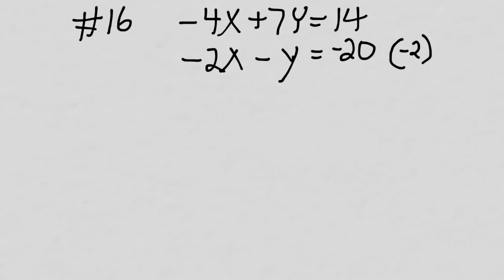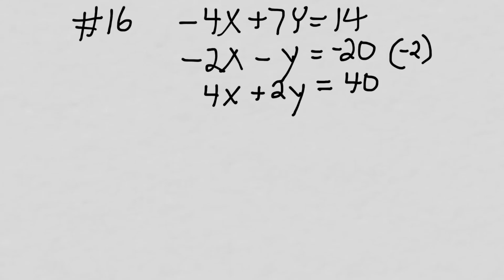So negative 2 times negative 2x would give me positive 4x. Negative 2 times minus y is going to give me plus 2y. Negative 2 times negative 20 is going to give me positive 40. Right?